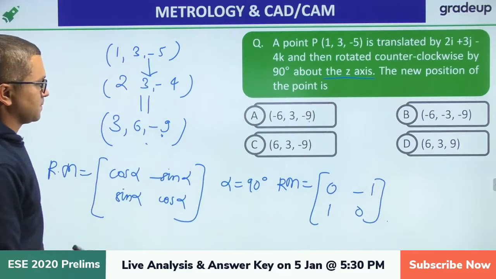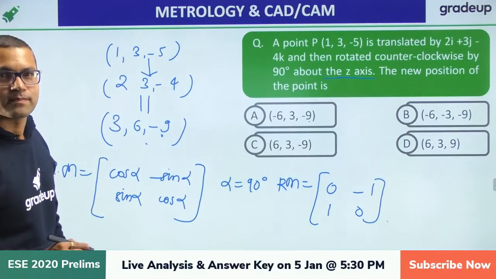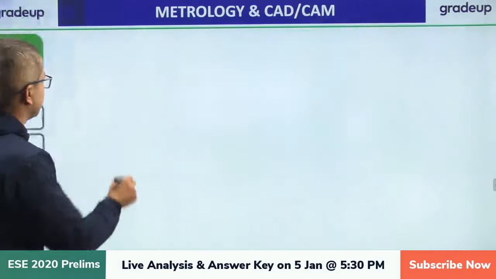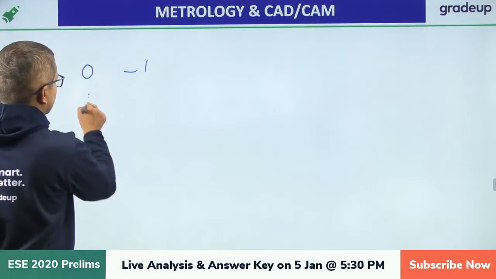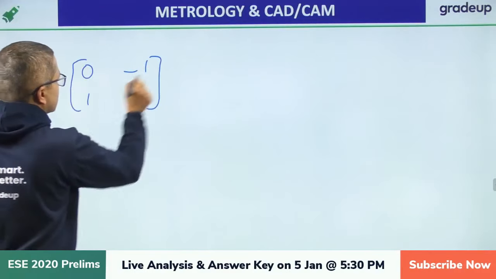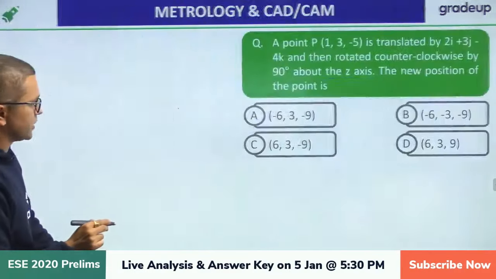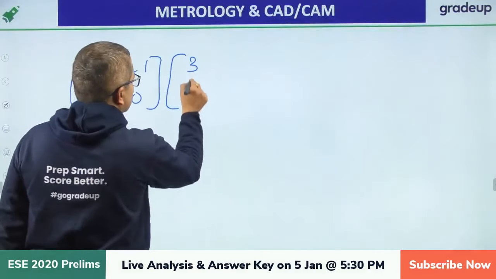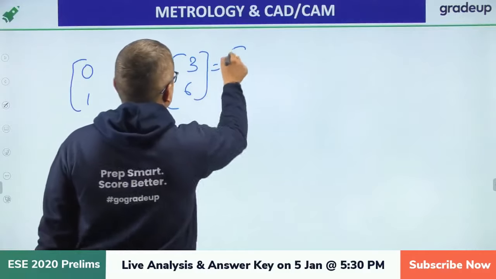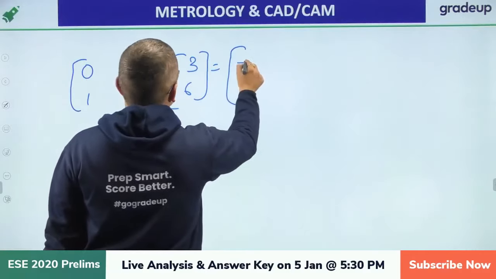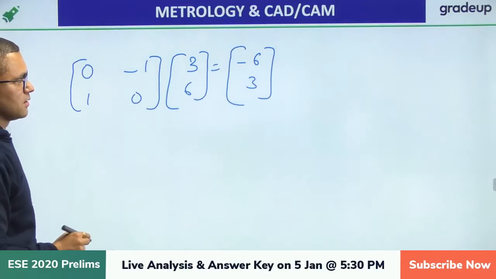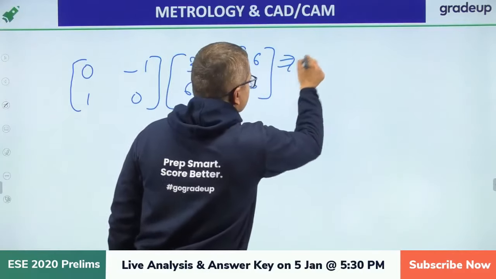Okay. Fine. Yes. Now 3, 6, minus 9. So 0, minus 1, 1, 0. What was the point here? The point was 3 and 6. And 6 equals to how much? Minus 6 and 3. Yes? This is the final point.